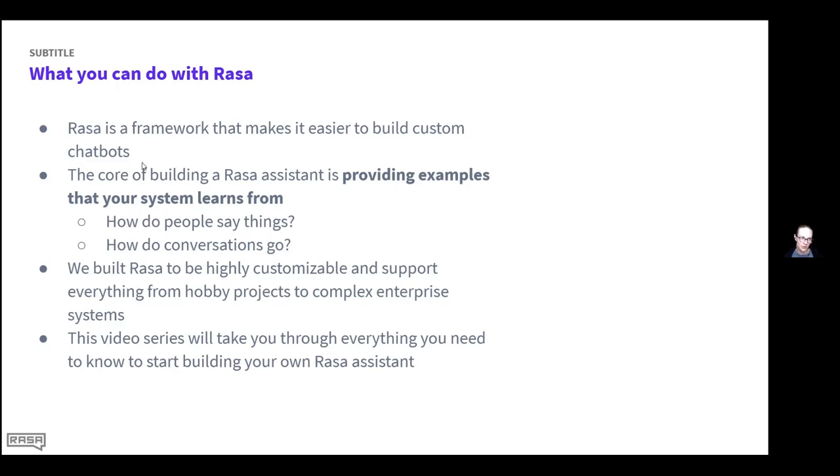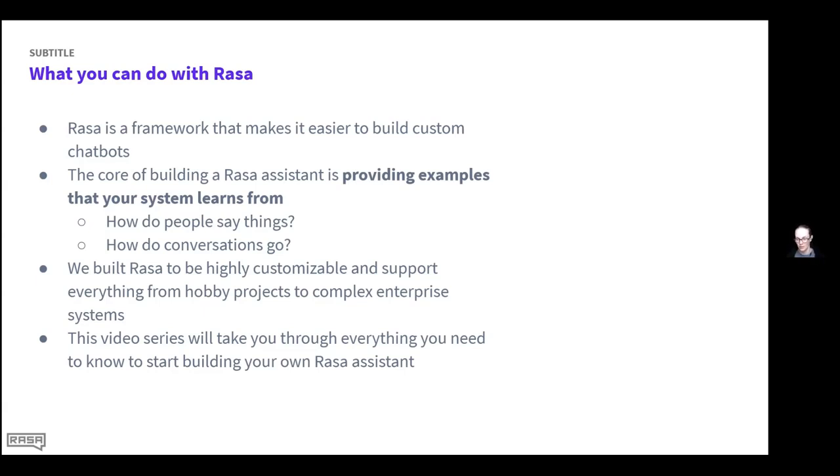And the most important thing in building a Rasa assistant that is different from other systems where you might have some pre-trained modules you're using is that you provide the examples that your system learns from. So that includes intents: the person using the assistant said this, how do I classify that into a class that lets me make a further decision?